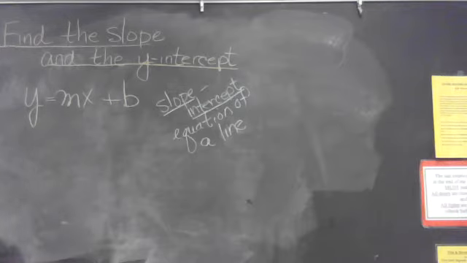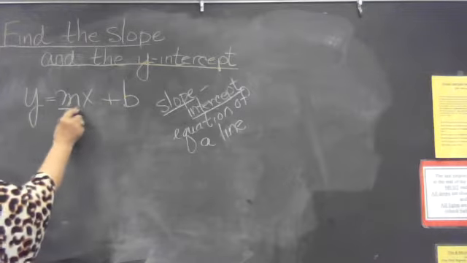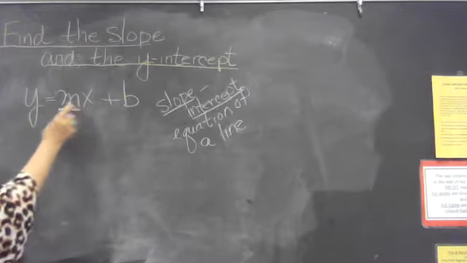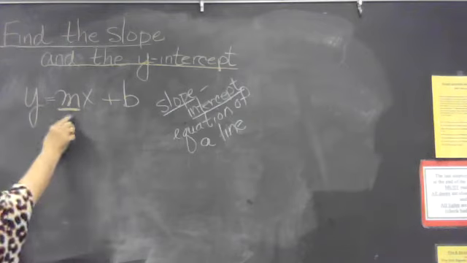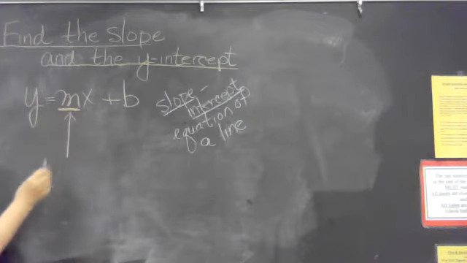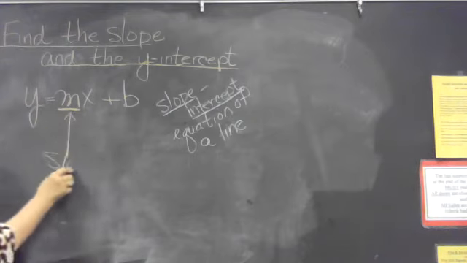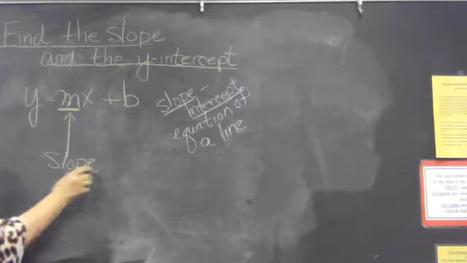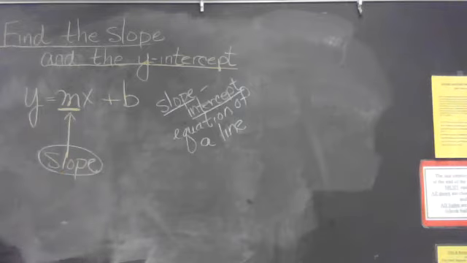Okay, now if you are given the slope intercept form of a line, here's the reason why it's called that. When you get an equation solved for y, then the number that is in front of the x is the slope. The m, remember m stands for slope?